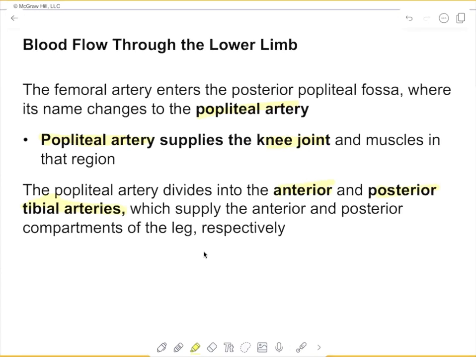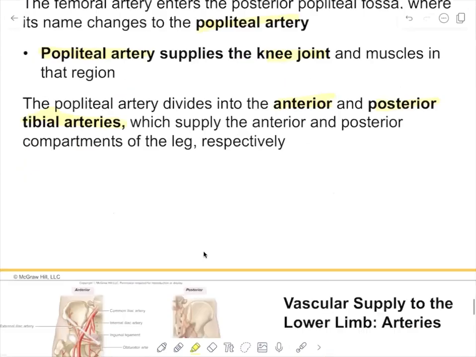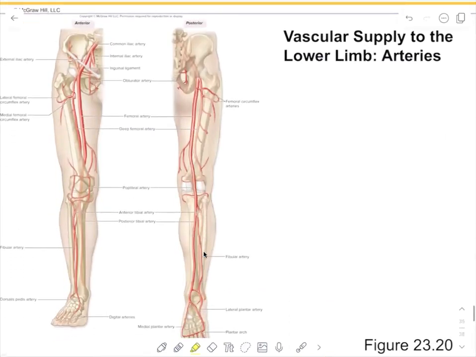called the crural region. So this slide is showing the vascular supply of arteries to the lower limb, beginning with the common iliac artery. When it then splits, it becomes the internal iliac artery and the external iliac artery. As it continues to descend, now that it's in the thigh region, it's called the femoral artery.